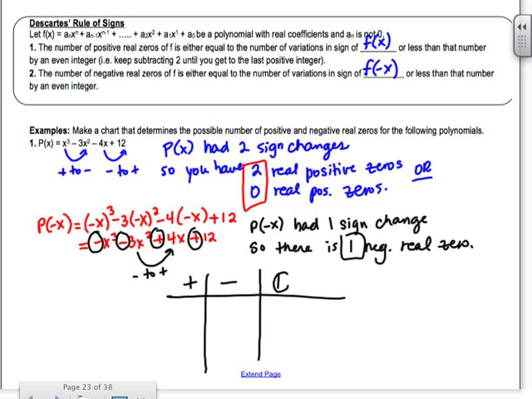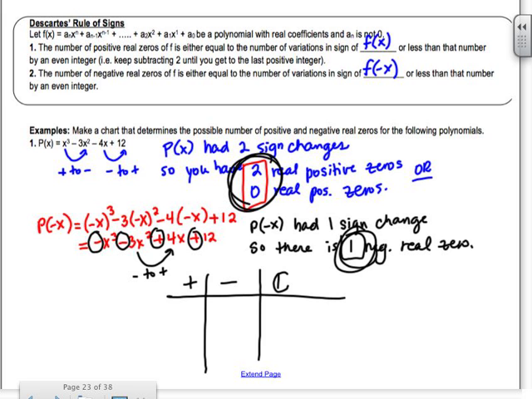So I usually do plus, minus, and then C for complex or imaginary. You can put a little i instead if you like the i better. And you're going to pair every answer from the first one with every answer from the second one.